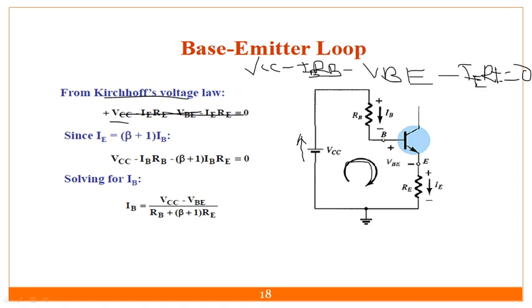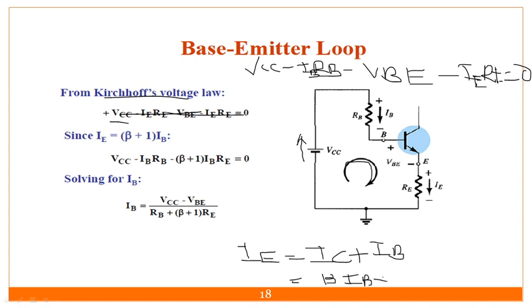But as far as my graph is concerned, IE is absent. So we have to find the relation between IE and IB. We know that IE is equal to IC plus IB, and IC is beta times IB.